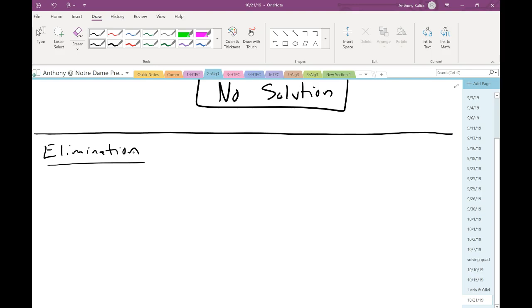So the next solving technique is called elimination. This is another algebraic technique.